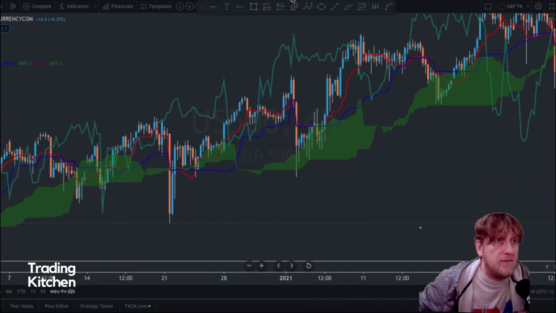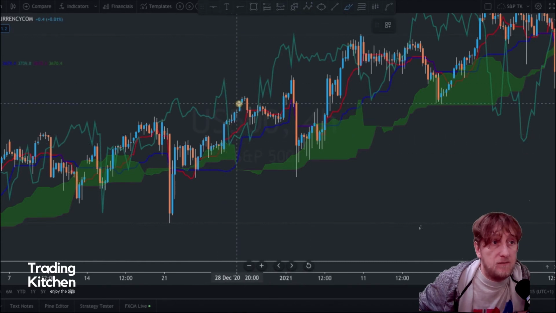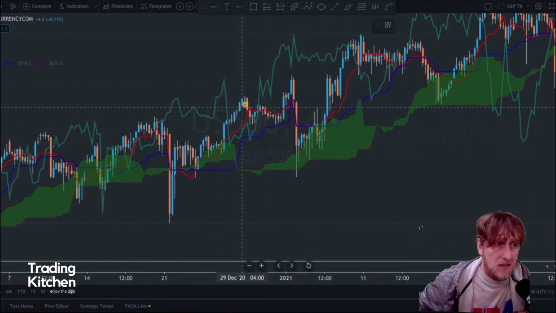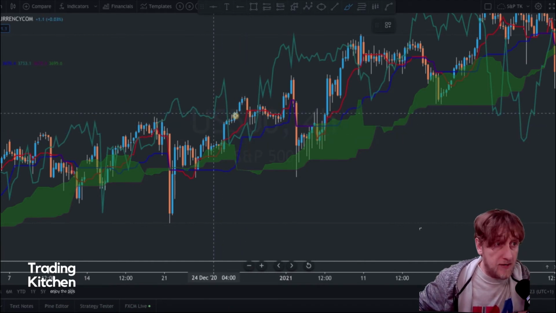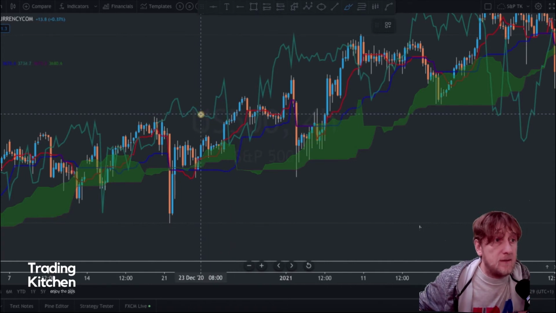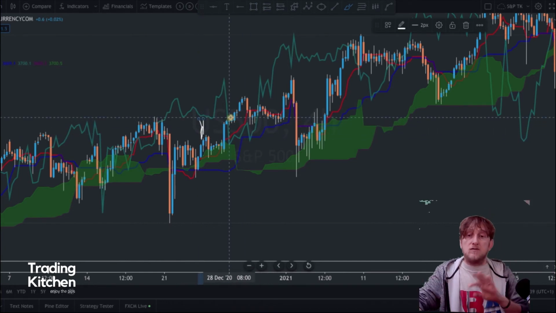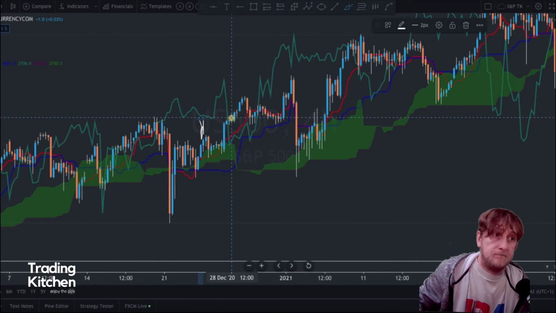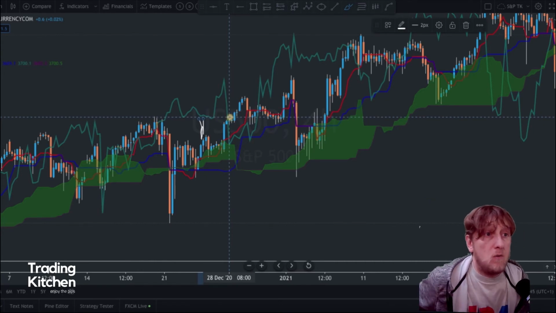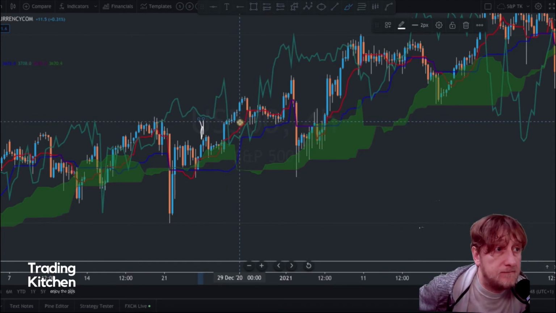So look here, price is above the cloud, price is also above the red and the blue line, and the green line here is above the price. So everything tells us to go long. Now we have to wait for the signal.